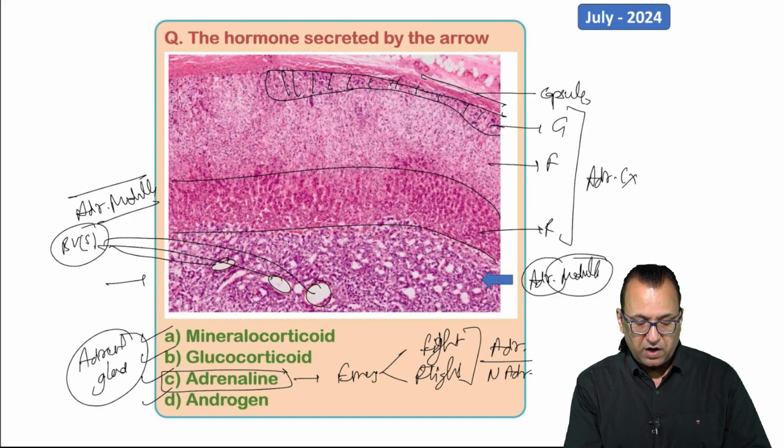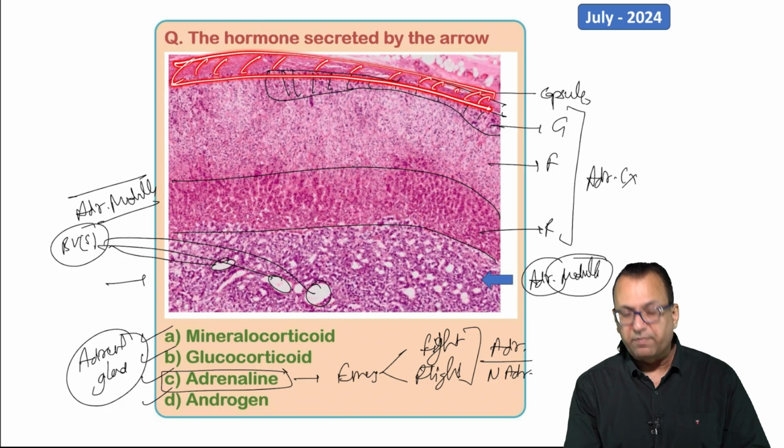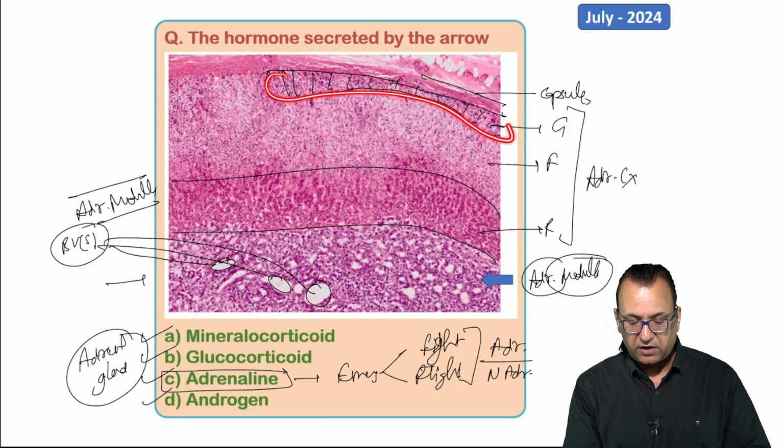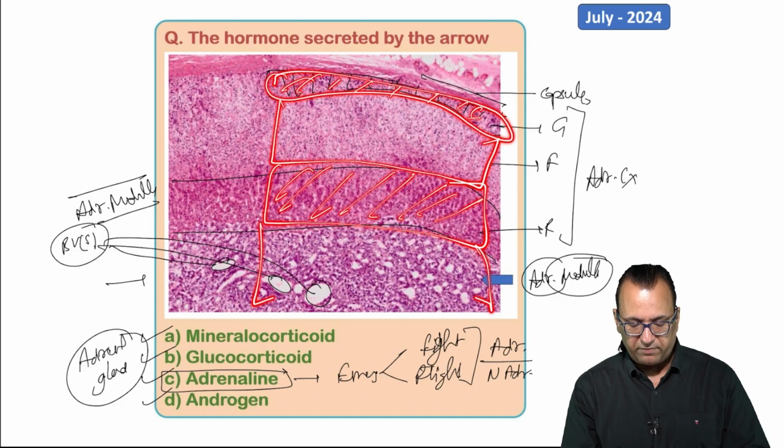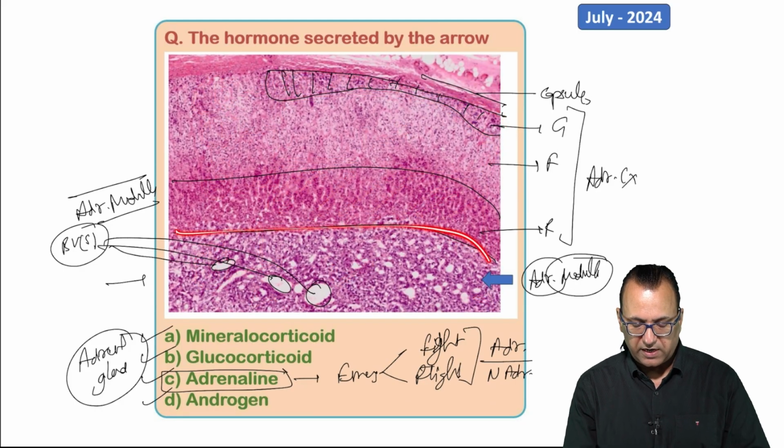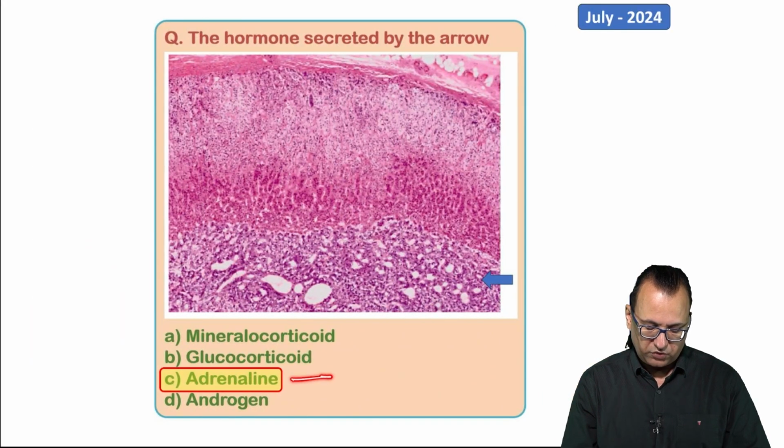I told you under the capsule you will have alternate bands. This is the darker band, this is the lighter band, this is a darker band, and that is a lighter band. Comparatively, you have to train your eyes. The first three, number 1, 2 and 3, will be cortex, and number 4 will be medulla. So this is adrenal medulla, and that is why in this question we should keep our answer as adrenaline.